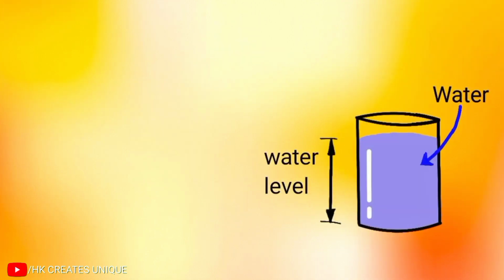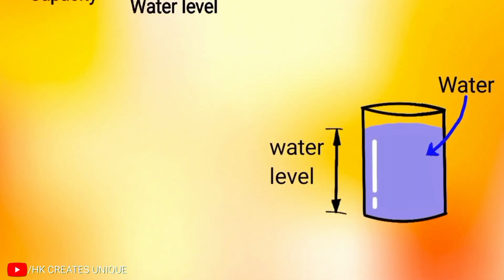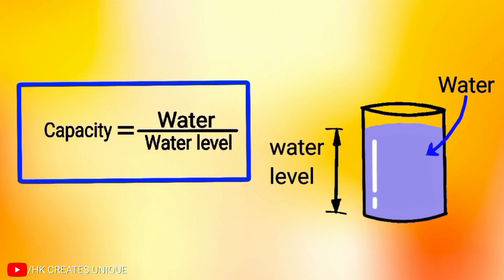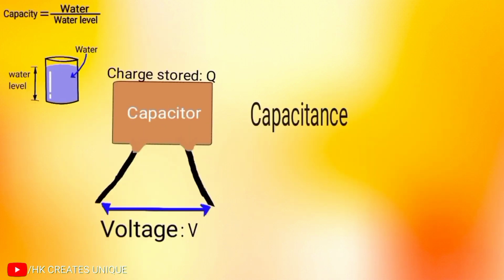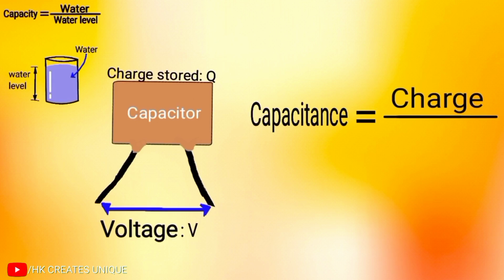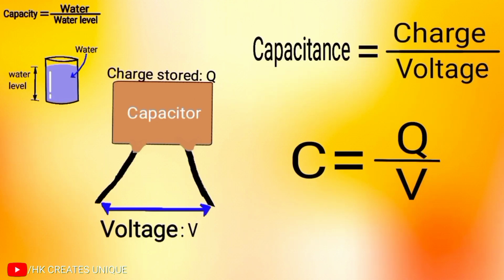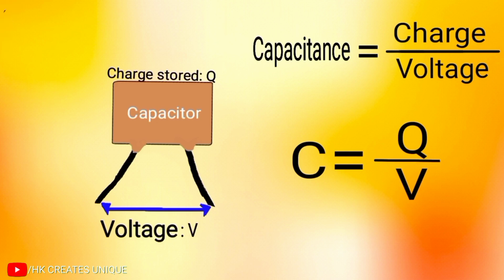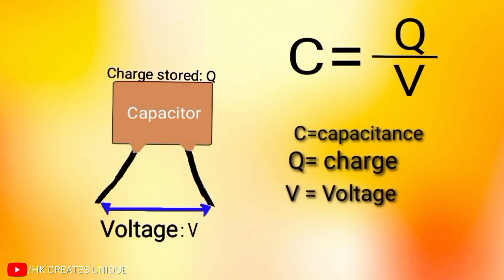The simple math that we did to find the capacity of a bucket can also be used to find the capacitance of a capacitor. Capacitance equals charge stored in a capacitor divided by voltage across the capacitor, or in short form, C equals Q divided by V.